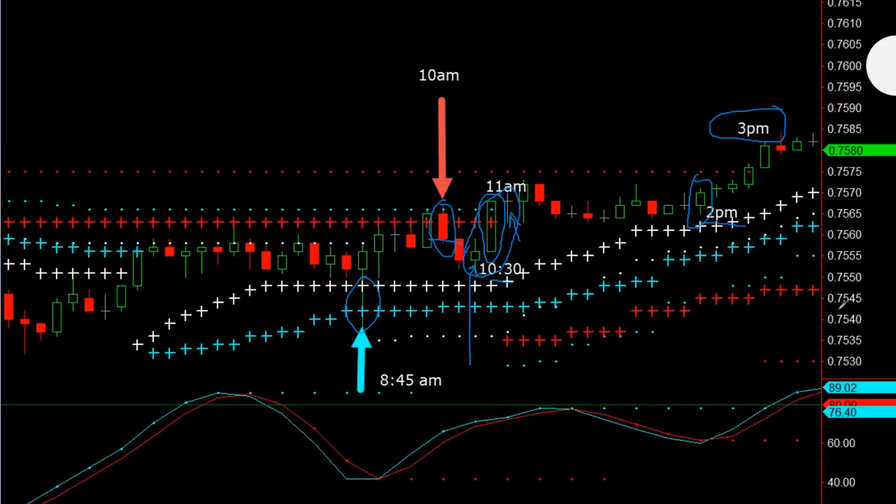Okay, any questions? No, you would need a custom ATR, because ATR by itself is just going to tell you the range of the bar.